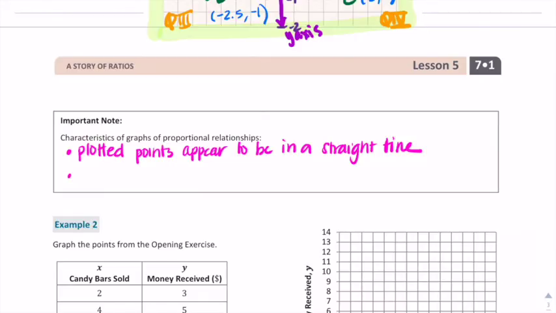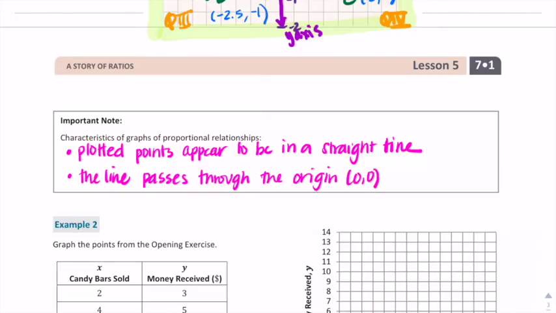Alright, and the second one is that to see a proportional relationship, we know that the line is going to pass through the origin. Okay, which is 0, 0. So what that means translated into regular sentences, we would say that if 0 bars are sold, then 0 money is going to be collected, or that 0 money is collected because 0 bars are sold.